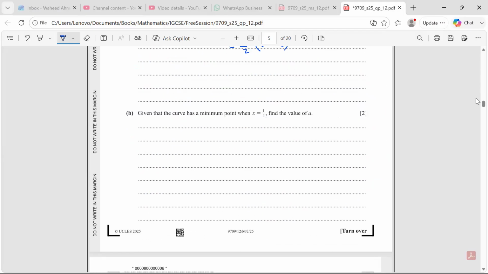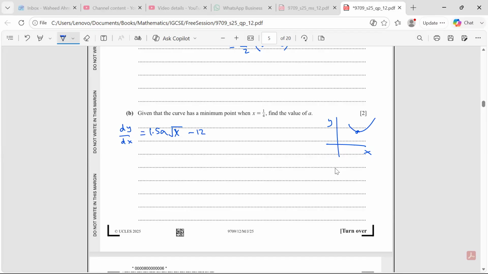And part B, given that the curve has a minimum point when x is 1 by 4, find the value of a. Okay, interesting. Remember, if I have a curve, this is x-axis, y-axis, and I have a curve, then at the minimum point, dy by dx is 0, right? The derivative is 0 because the slope is 0. So I know that dy by dx, I found it as 1.5a under the root x minus 12.